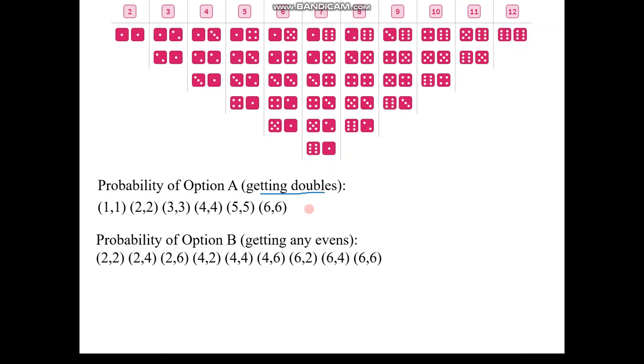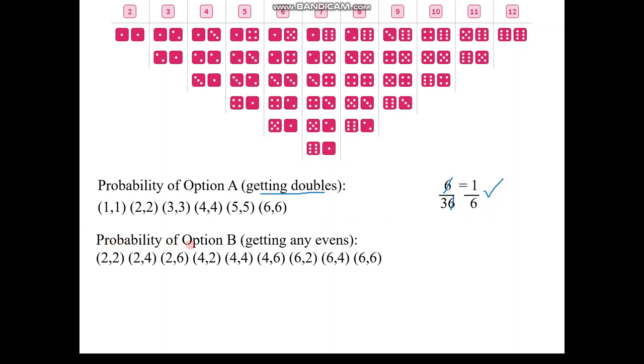If I want to get doubles, I should have 1,1, 2,2, 3,3, 4,4, 5,5, and 6,6. So how many chances do I have? Yes, 6 out of 36 because here as you see I have 36 options if I roll 2 dice, and if I simplify this I will reach 1/6.